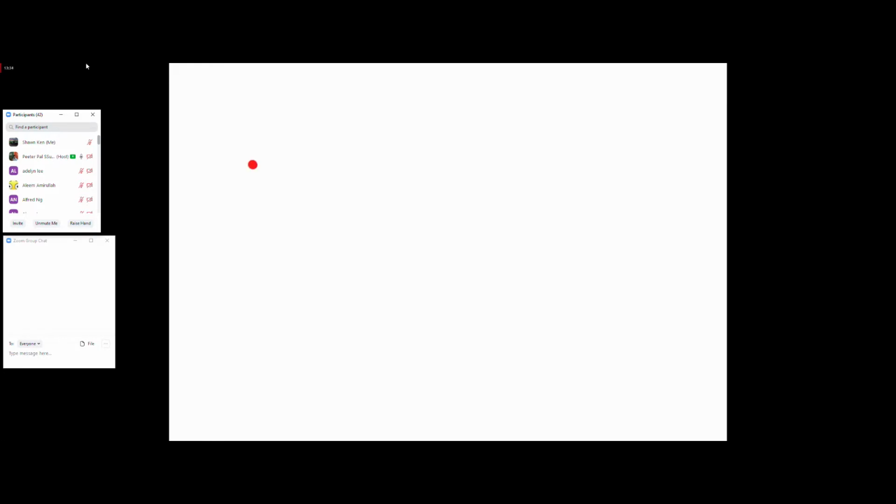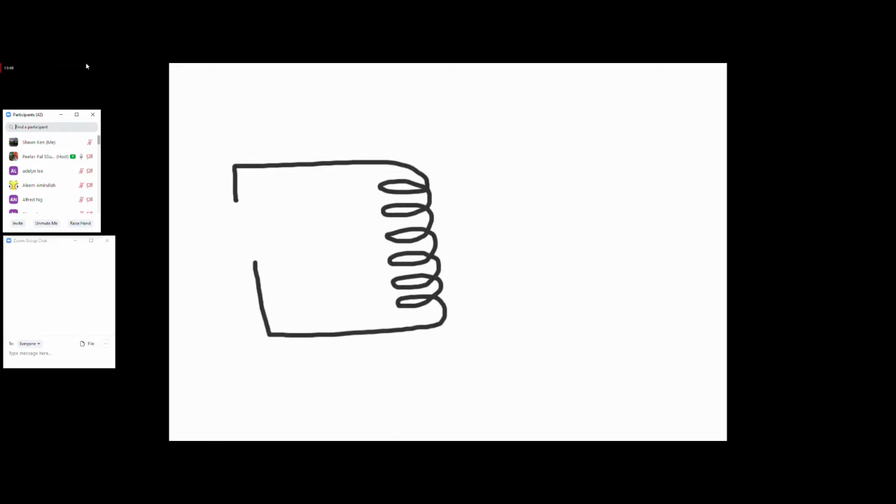When we have a primary coil, see here, the primary coil must be connected to an AC current.